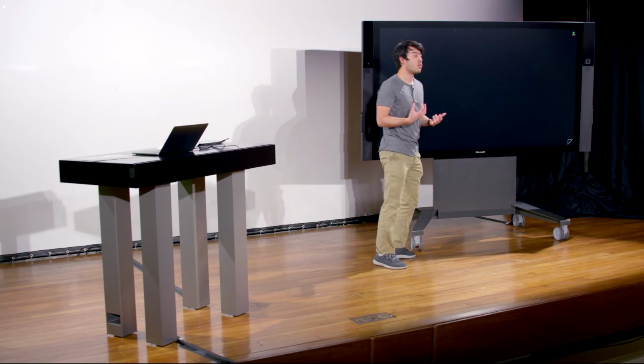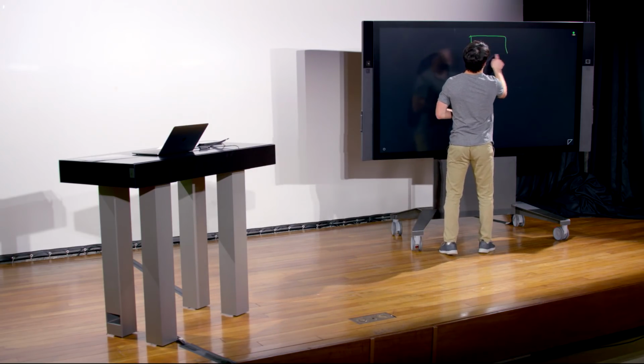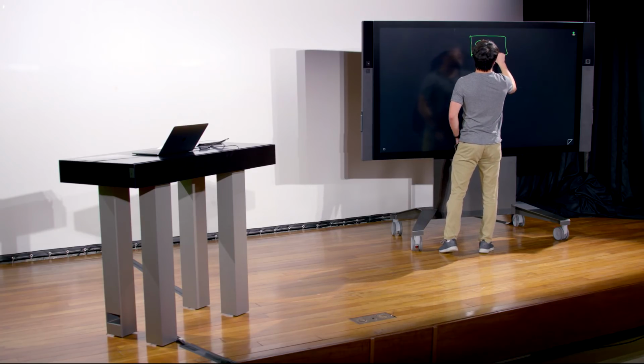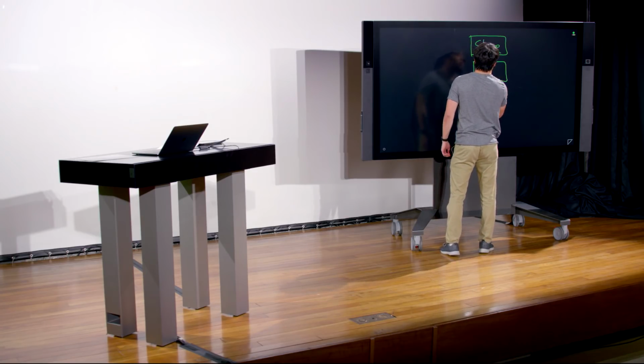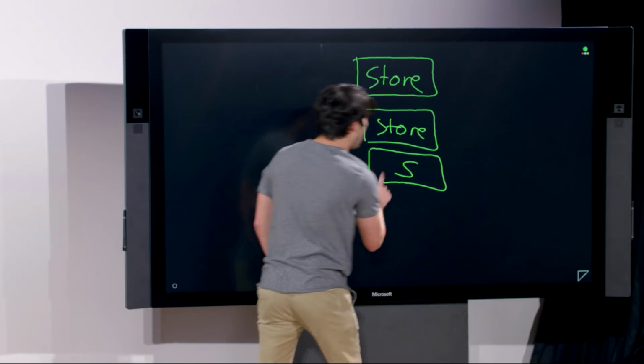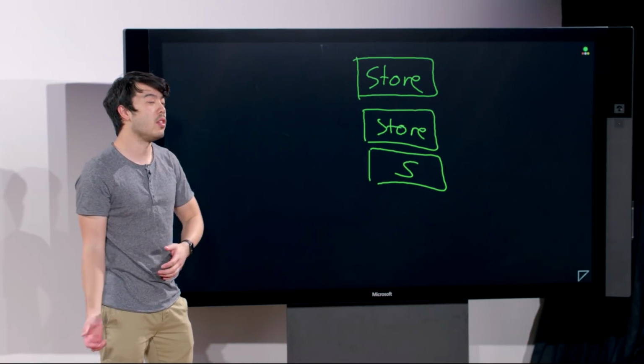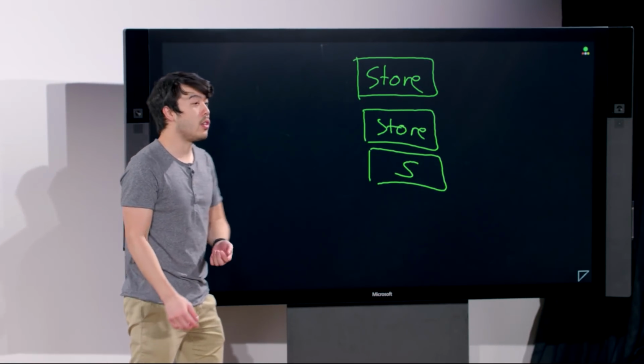So you have a central store that stores all of your information, or maybe some number of stores. And these stores will store all of the data that you need for that application. And how do you update that store?